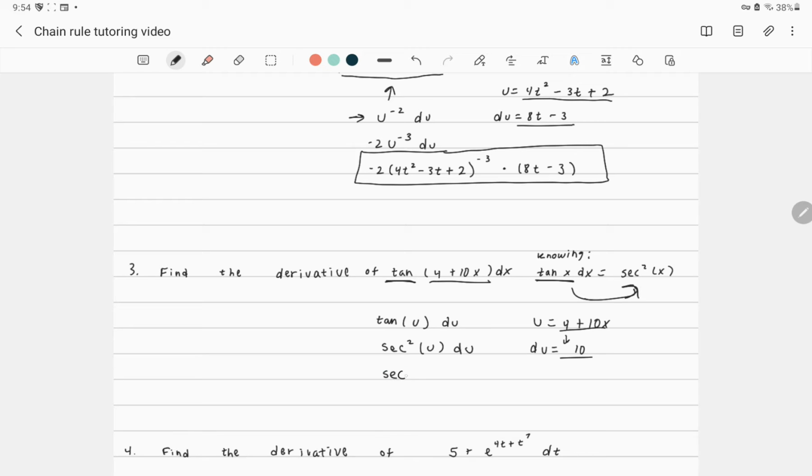So secant squared 4 plus 10x times 10. It's going to be your final answer.